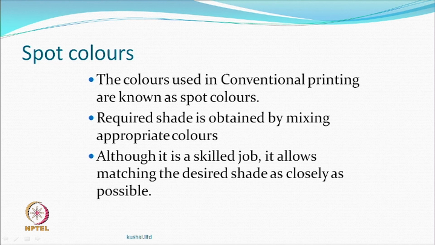So, you initially mix colors before and then do the printing, and hopefully you will be able to match the shade. Shade matching in printing, as we said, is a difficult job because there are so many elements there. So, these are called spot colors. Spot colors means you have already made a color which is going to finally appear as it is on the fabric, mixing taking place.